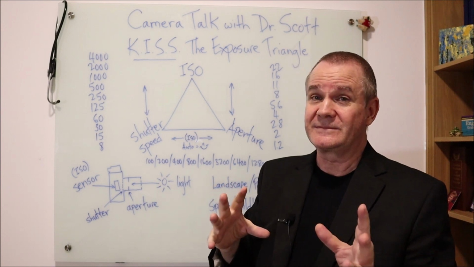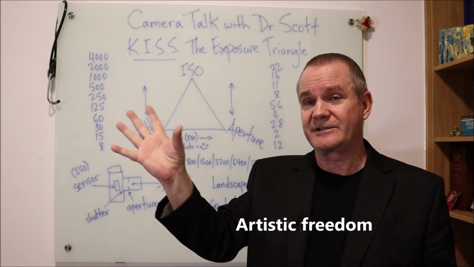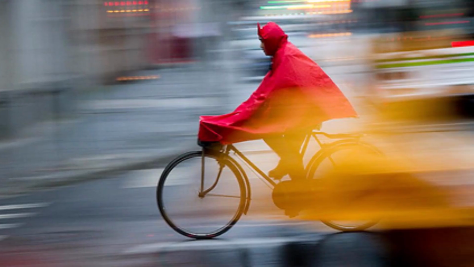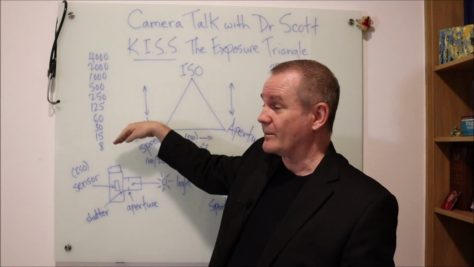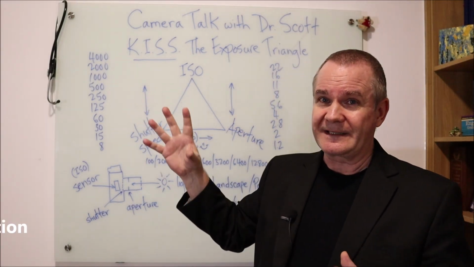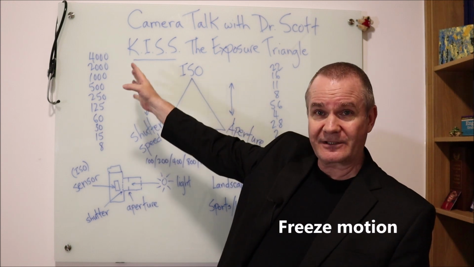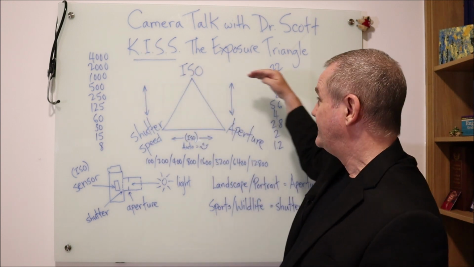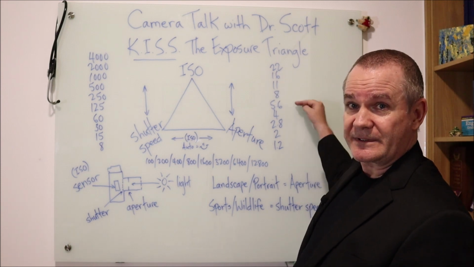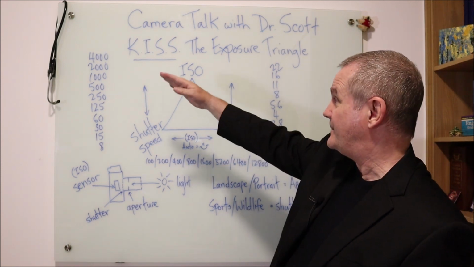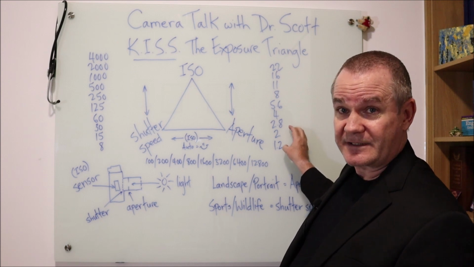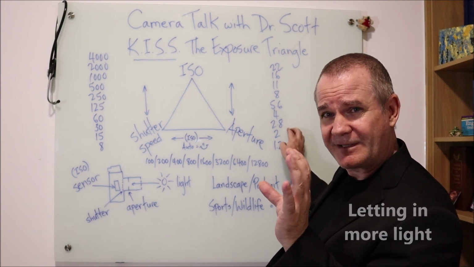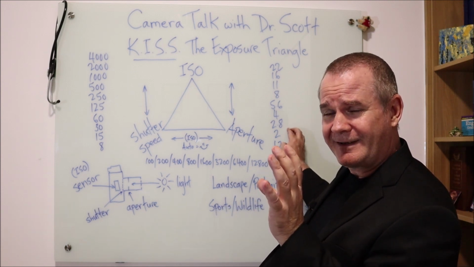Some photographers like the blur to show motion, for which you want to bring that shutter speed down. But to capture motion, you need high shutter speeds. And of course, with high shutter speeds, your aperture needs to be balanced, so it's going to be open, which means your depth of field is going to be off.